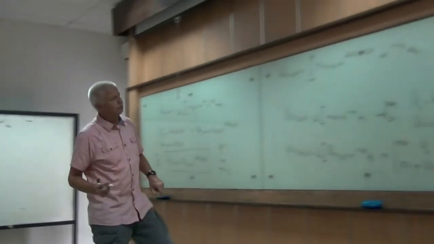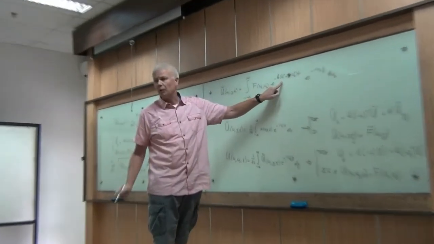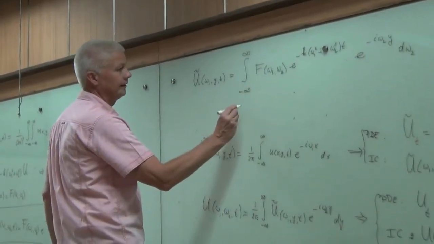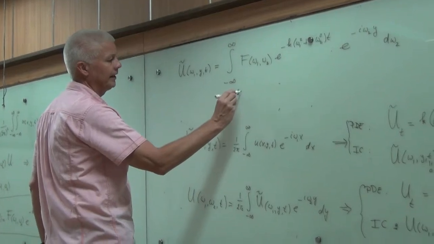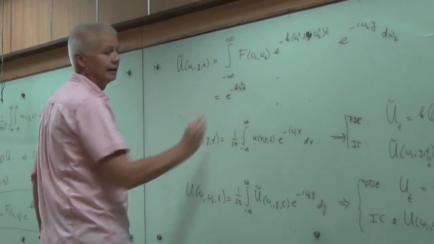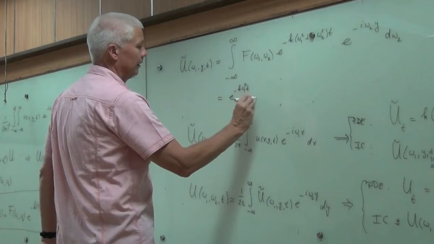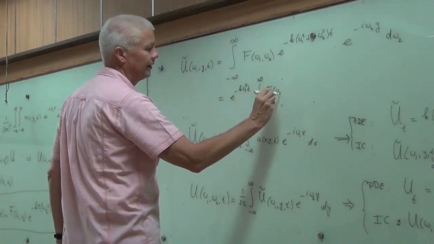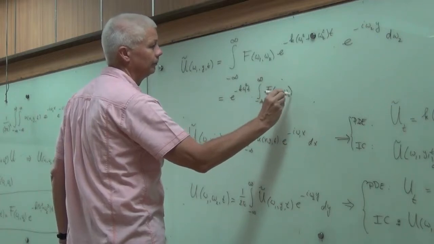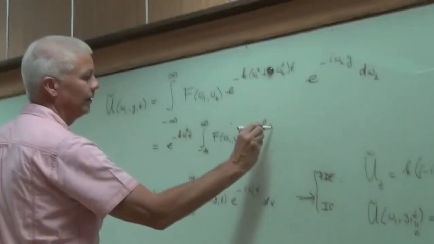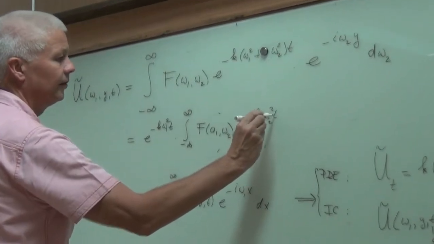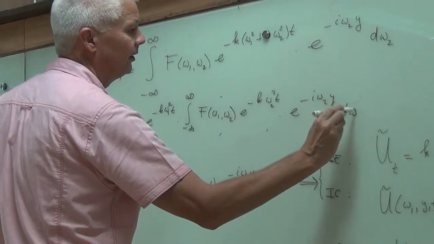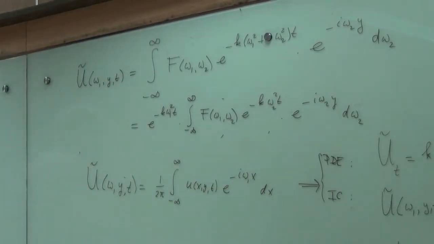Okay, so this is an integration with respect to omega 2. So omega 1 is not important. I can take that out if I wish. So I can rewrite that as e to the power minus k omega 1 squared t, times the integral from minus infinity to plus infinity of f tilde omega 1 omega 2, e to the power minus k omega 2 squared t, e to the power minus i omega 2 y, d omega 2.